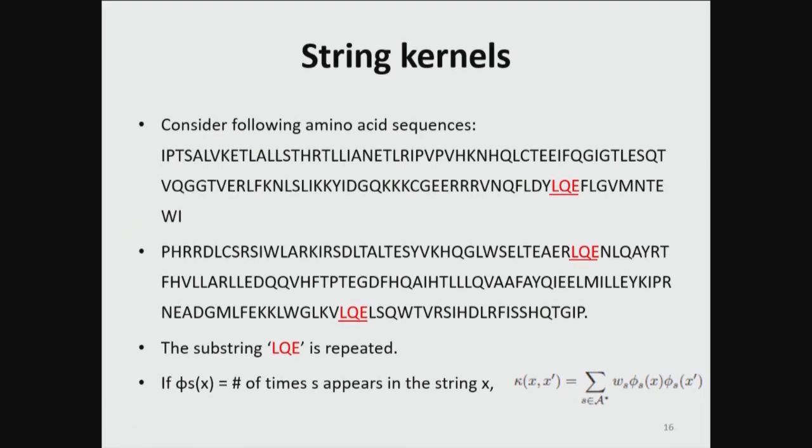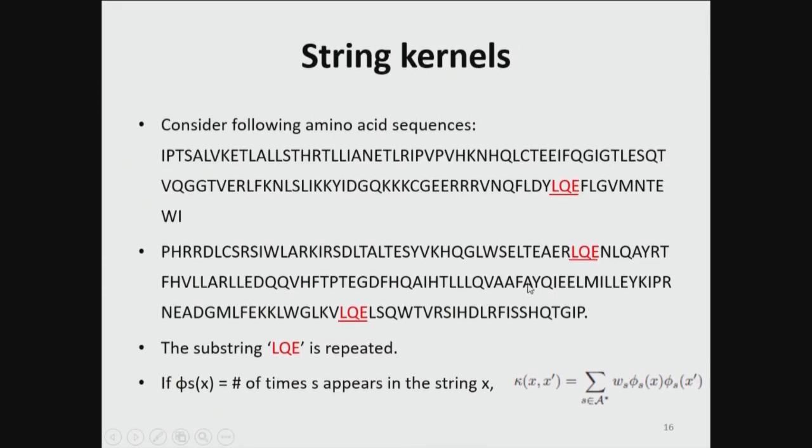Therefore, when we have two strings x and x dash, we can count the number of times the substring s is repeated in the string x, which is given as phi s of x. Also, for the string x dash, we can count the number of times the substring S is repeated in the string given by x dash.